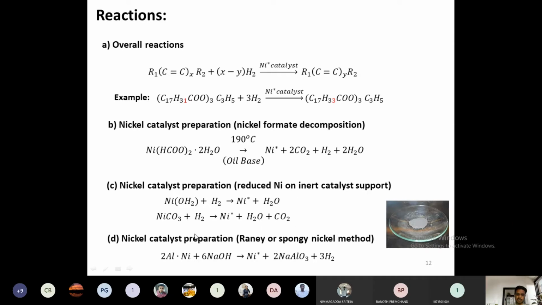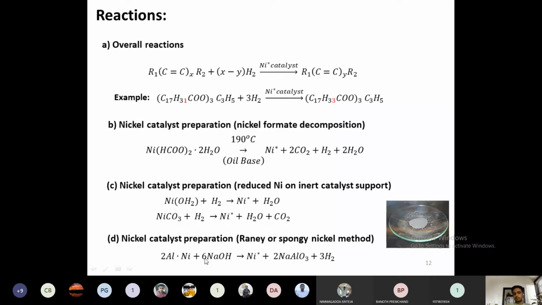Then another popular method for nickel catalyst preparation is the Raney or spongy nickel method. This is popularly used in every hydrogenation industry or oil and fat industry because Raney nickel or spongy nickel has a high surface area. It is associated with a highly porous structure and high surface area. That's why it is called spongy nickel. In order to do so, an alloy of aluminum and nickel is used.